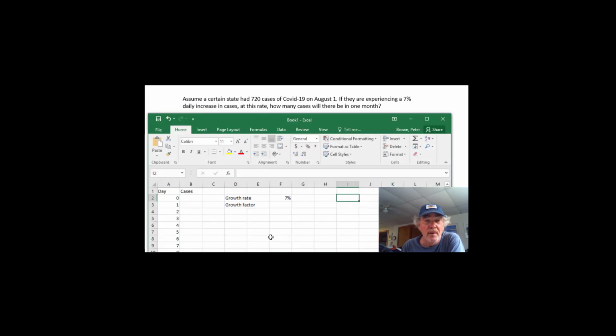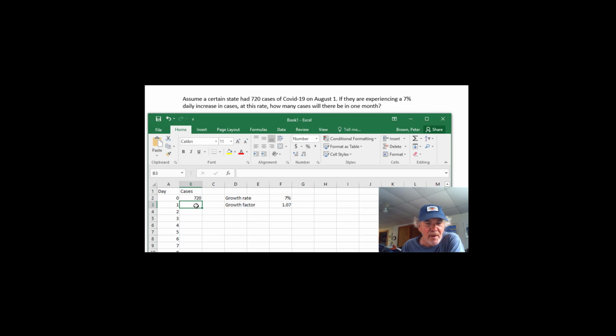Now, we could use Excel. And we said this is 1.07. So we're going to start out with day 0, first day, initial value, 720 cases. What I'm going to do here is just take the 720 cases that we started with, our initial value, and increase it by 7%.